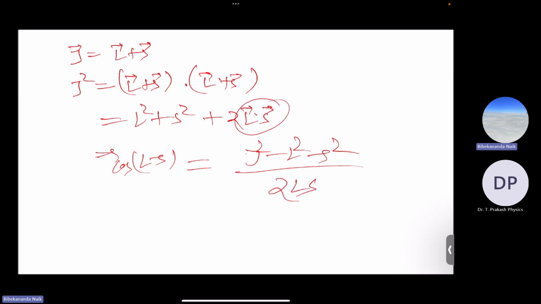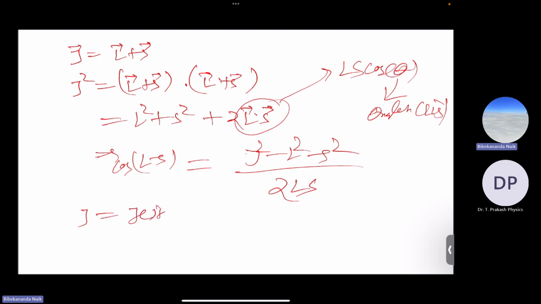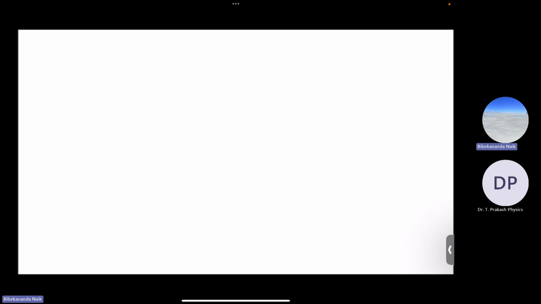Because this term L dot S is LS into cos theta, and this theta is the angle between L and S vector. We know J is root over J into J plus 1, so J square will be J into J plus 1.